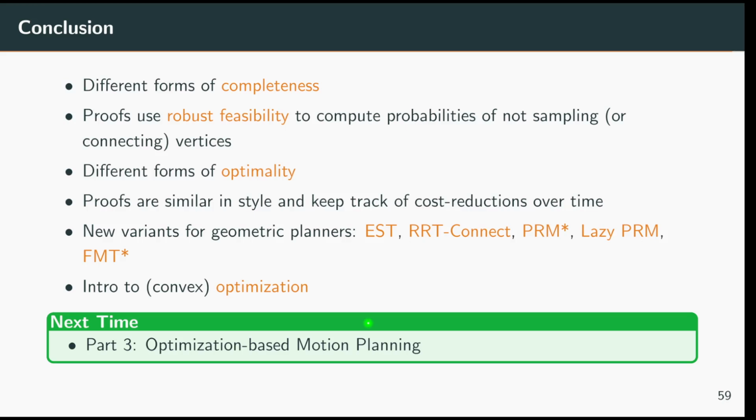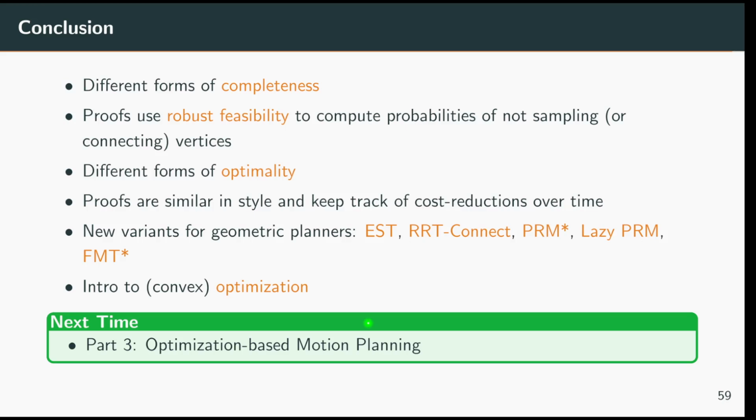And then we had quite a wide array again of variants of algorithms, namely EST, RRT-Connect, PRM star, LazyPRM, and FMT star. That was quite a lot, but I hope you have also seen that ideas reappear. So once you have understood the basic formulation, it is not so difficult to understand the other sampling-based planners.